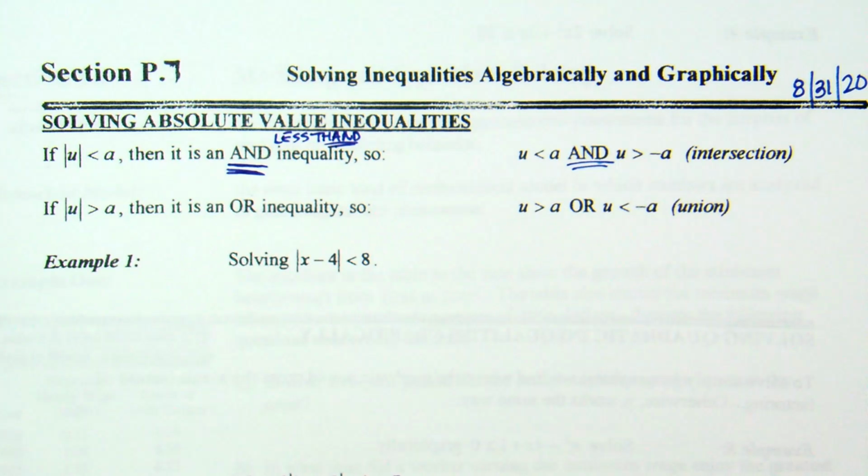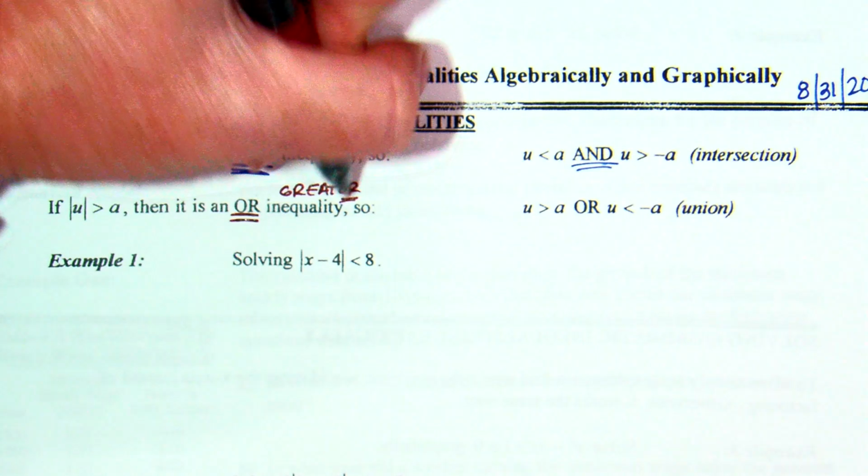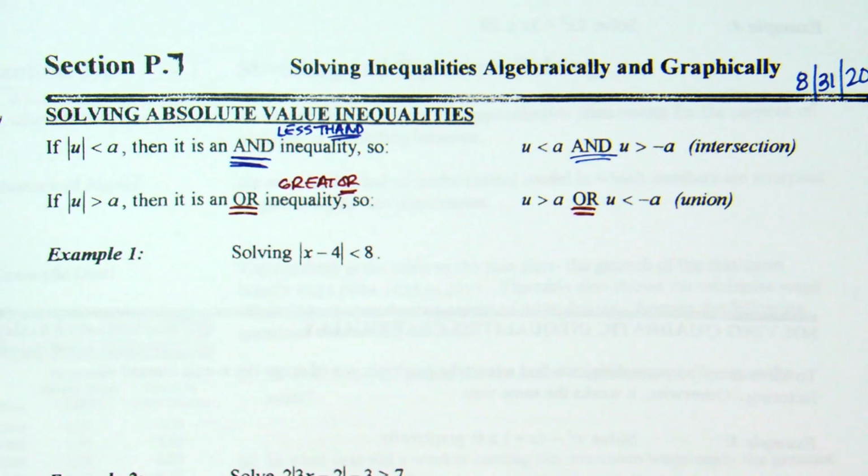Okay, the other alternative here, greater than. If it's a greater than sign, we're going to have the word or. So my trick when I teach algebra is I always said greater than, stressing the or part. Setup is no different. The only difference with the setup is instead of putting the word and between them, you put the word or between them.